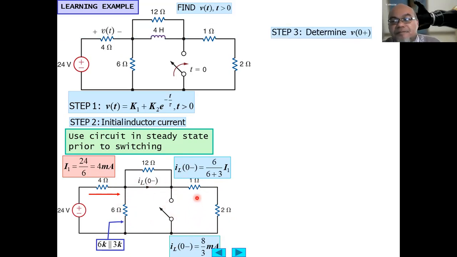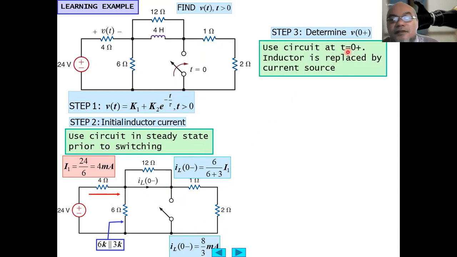Now we determine the voltage just after the switching. According to the continuity law of inductance, the current should be continuous. So the current flowing through the inductance just after the switching should be equal to the current through the inductance just before the switching.